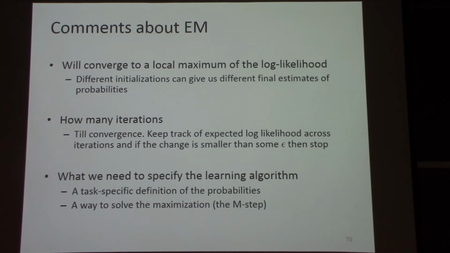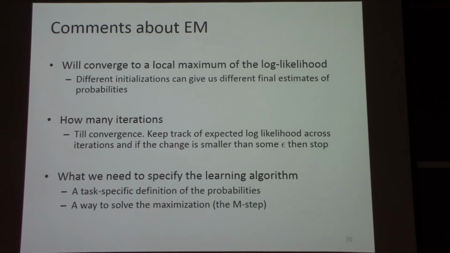And the final thing is, this is a meta algorithm, a general recipe which works for any probability distribution, any probabilistic model. We still need to specify the probabilistic model that applies for your task, and that will give you your own set of thetas. The second thing you need to do is figure out a way of solving the maximization problem.